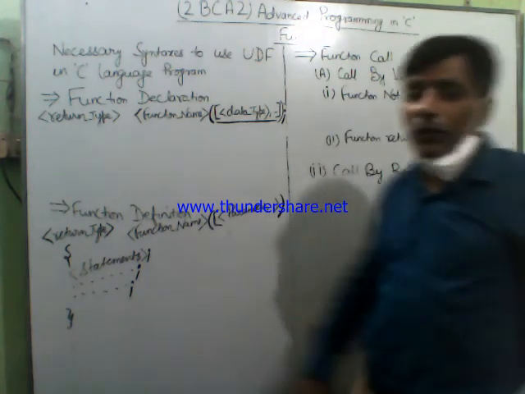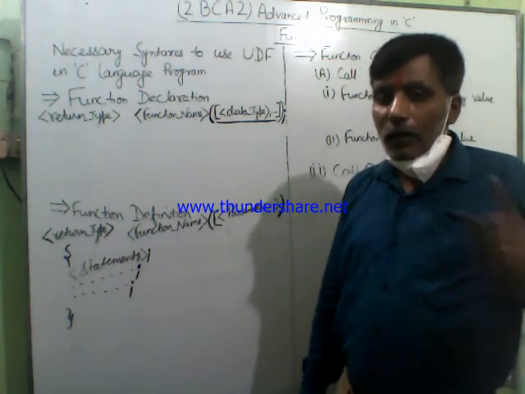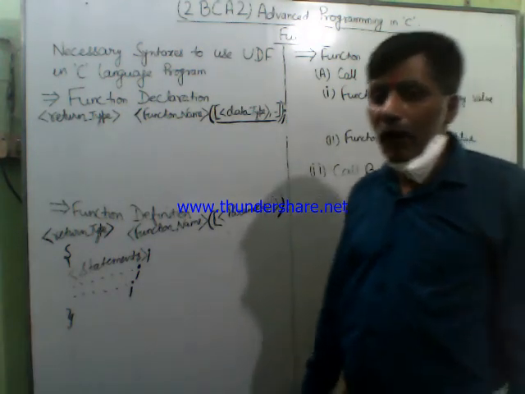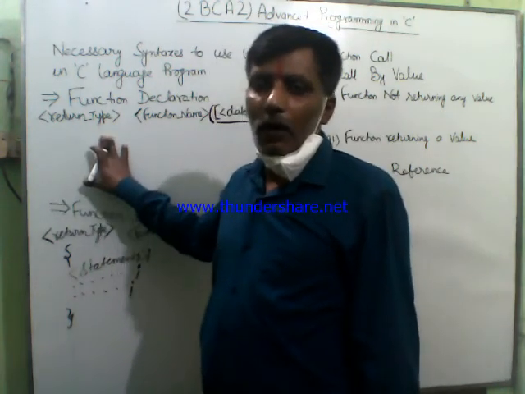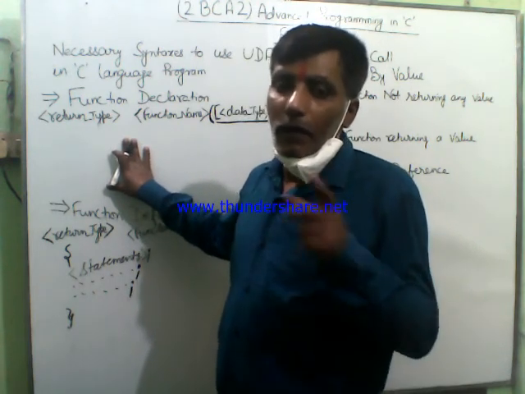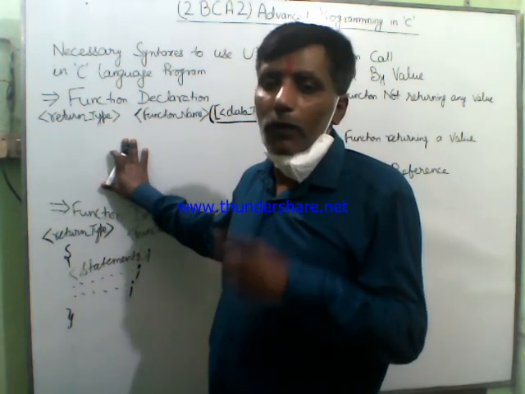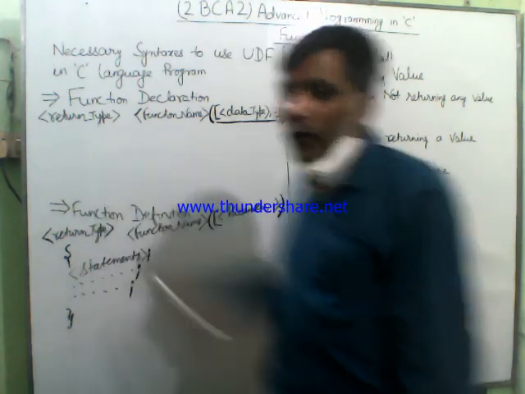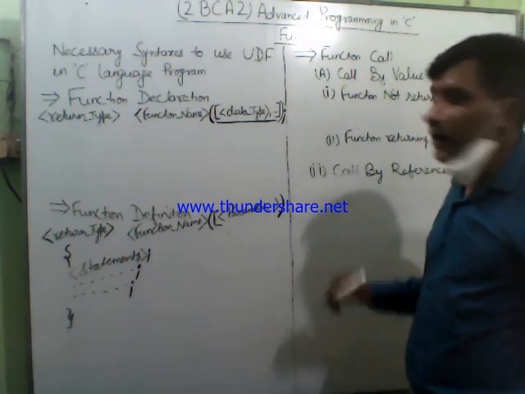And when you are using the method to call the user-defined function call by value, then you have to use two different syntaxes to call your user-defined function, because your user-defined function may return any value or may not return any value at that particular time in the line where you are going to call your user-defined function. If your function is not returning any value, then you have to use this syntax to call such a user-defined function in the program.